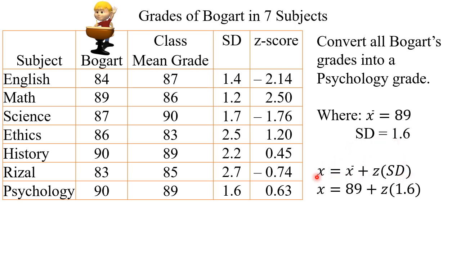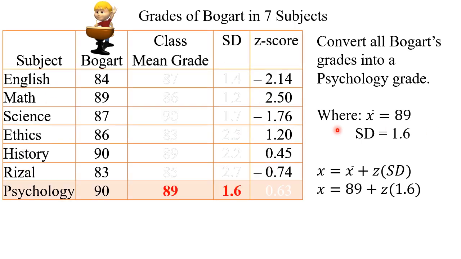Then we use this as our formula. The mean for the psychology grade is 89. The standard deviation for the psychology grade is 1.6. Your z here is the z-score that corresponds to the other subjects, and that's the one we are going to substitute.